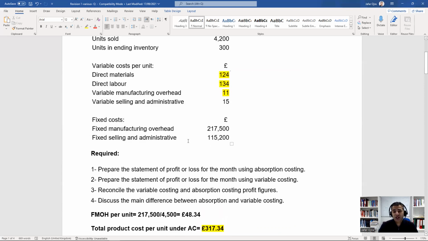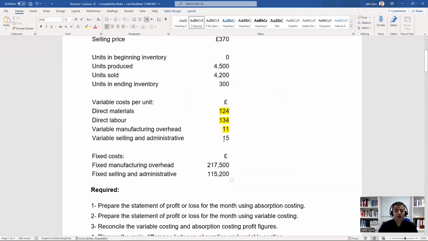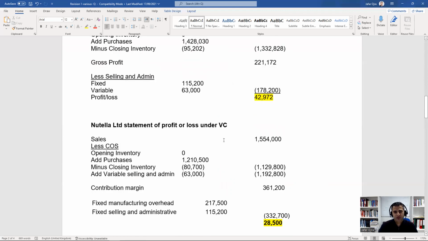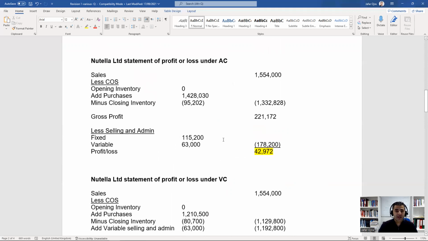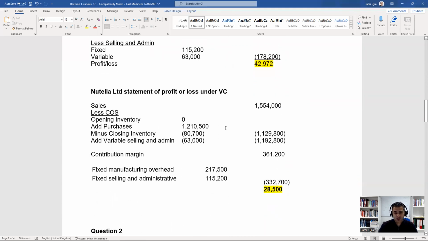If there is a closing inventory, we expect the profit under absorption costing to be higher than under variable costing. Let me repeat it again: if there is a closing inventory, the profit under absorption costing would be higher than the profit under variable costing.